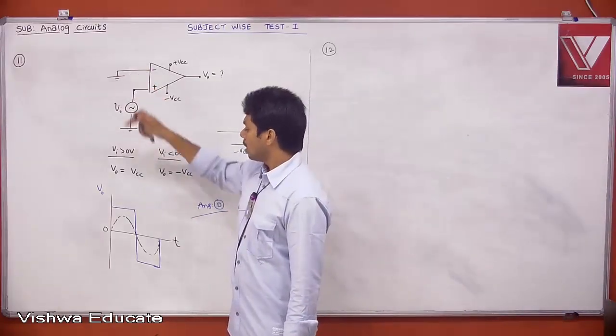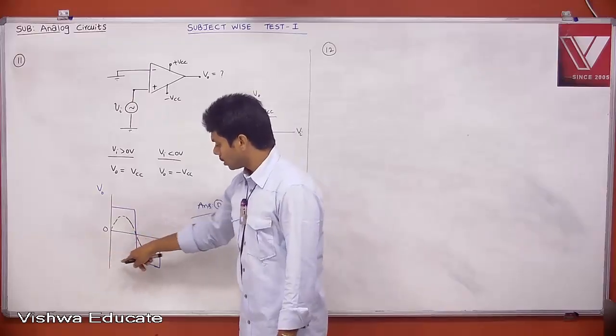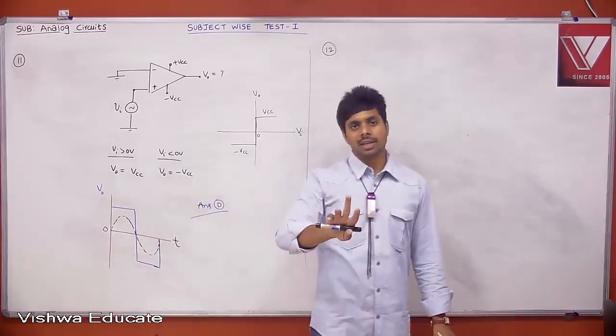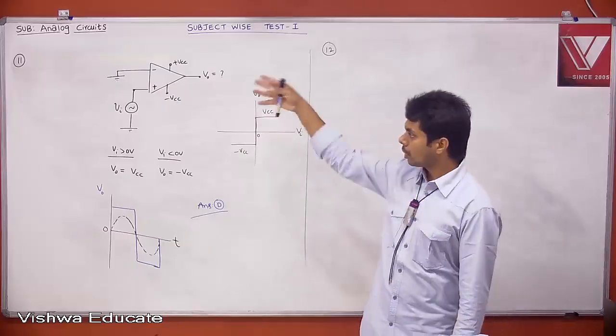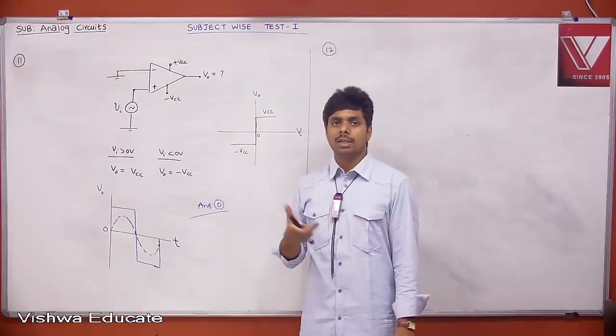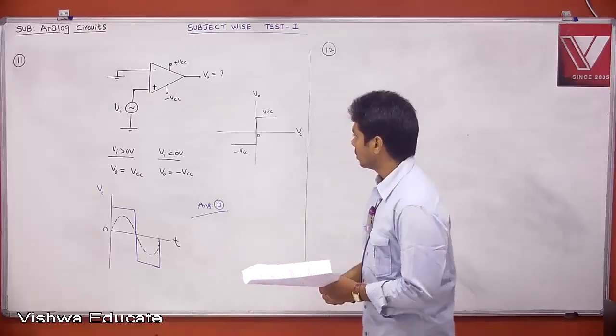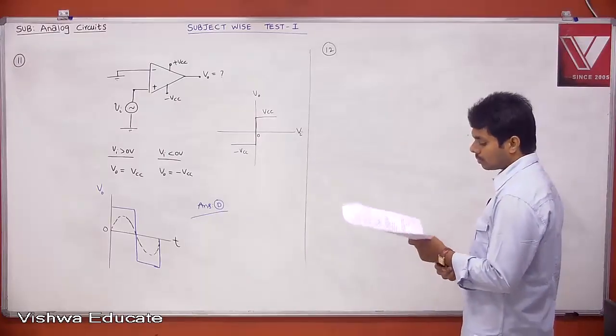You can apply it here also. Then for the positive cycle you get minus VCC, and for the negative cycle you get plus VCC. Whatever it may be, you will get a square wave. Whether it has inversion or non-inversion depends on where you apply your input. He didn't speak about all those things. When you apply a sine wave, what is your output? Square wave. Done, right? Now problem number 12.